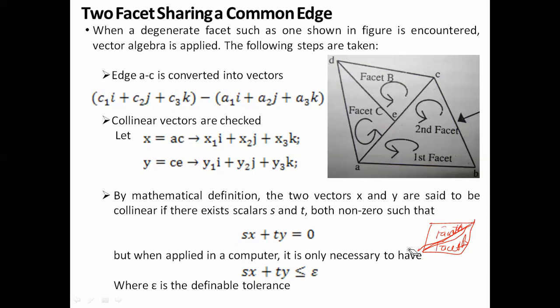The problem encountered here is that if this edge becomes straight, and by some means it also incorporates another vertex, then the line AEC, that is vertex A, vertex E, and vertex C, becomes a straight line, and it generates degeneracy in the system.